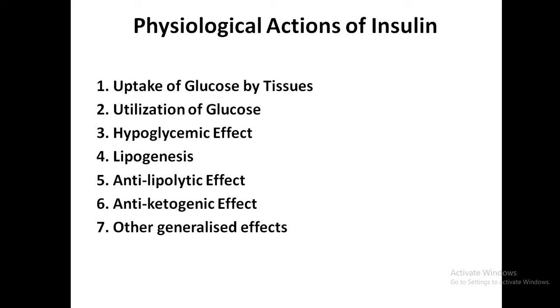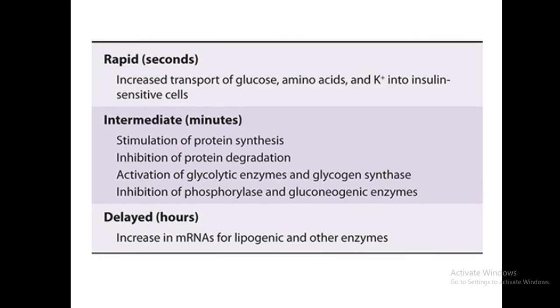What are the physiological actions of insulin? Here we are going to discuss the uptake of glucose, the utilization of glucose, hypoglycemia, lipogenesis, anti-lipolysis, anti-ketogenesis, and other effects. You can see that there are three different types of actions of insulin. One is rapid, the other one is intermediate, and the third one is delayed.